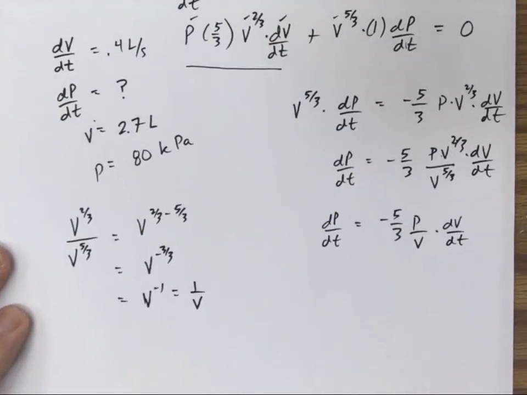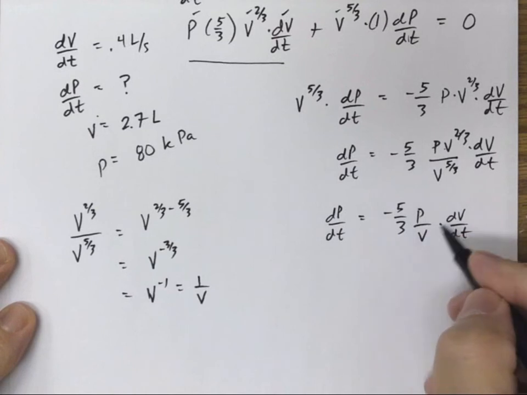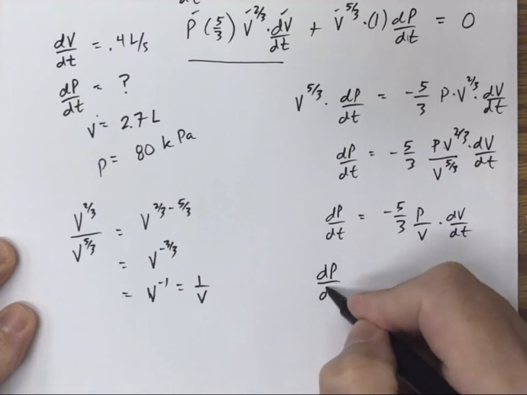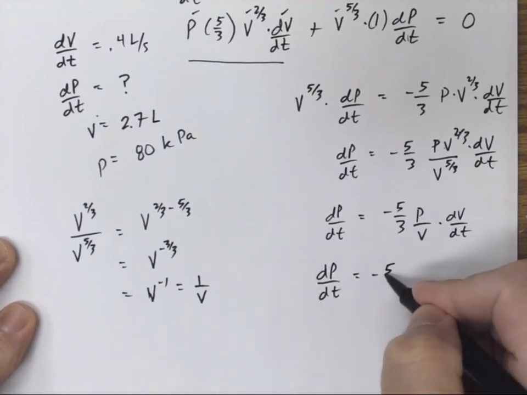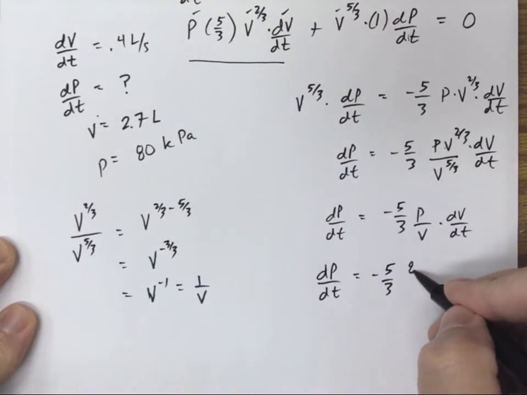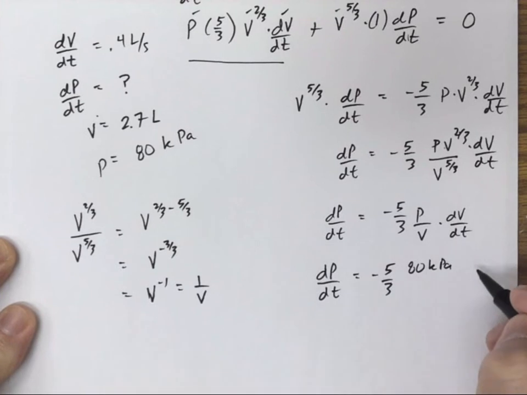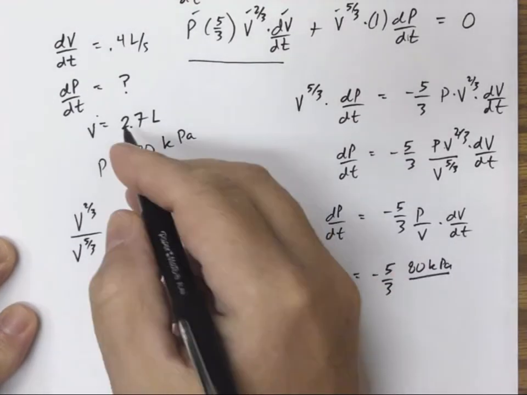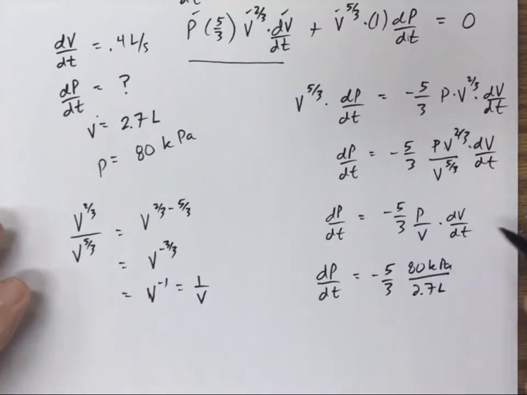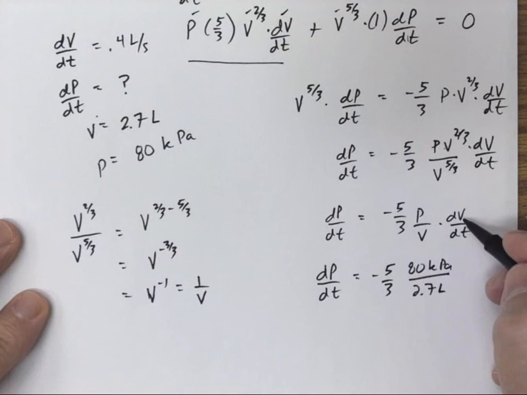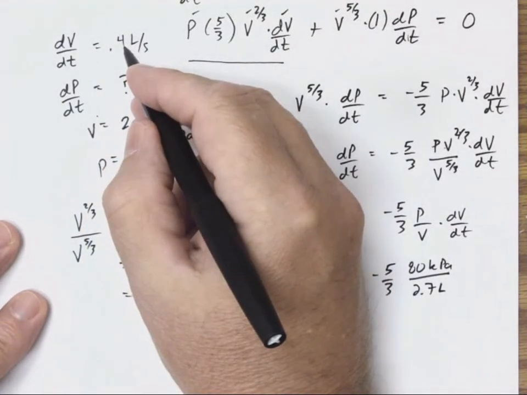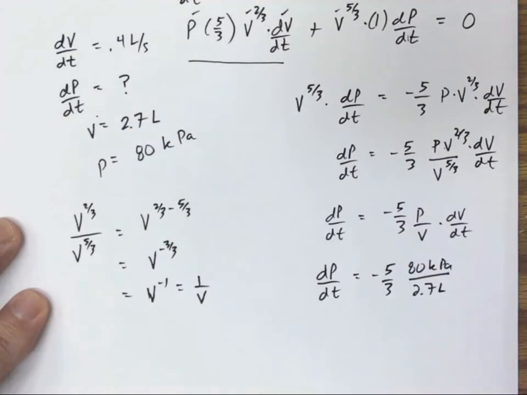And now they've given me what each of these are equal to, so I can plug them in. The pressure, I said, is 80 kPa. They said the volume is 2.7 liters. And then how is the volume changing with respect to time? It's 0.4, and it's increasing.